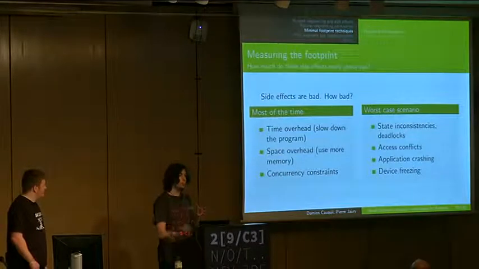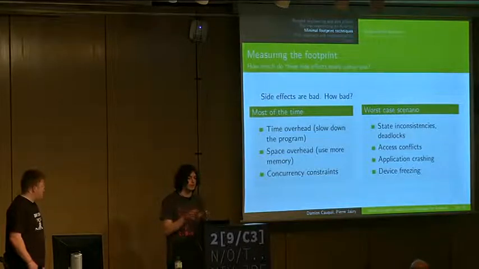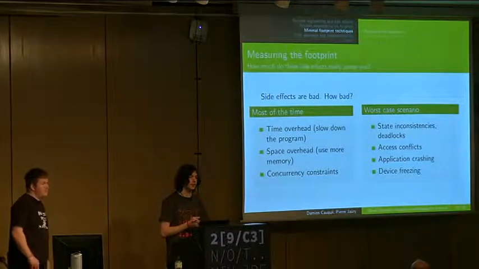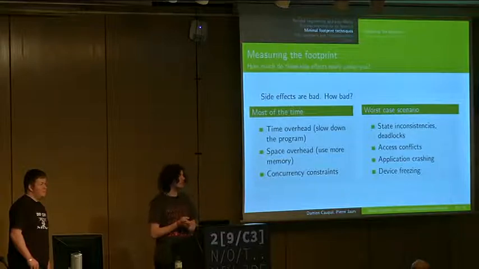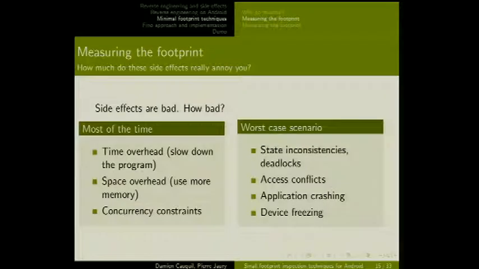And that's why we are going to have a very close look at what is the footprint of a debugging technique. Actually, it's something very non-measurable in terms of software, because the footprint is the amount of hate you have against the side effects. It completely depends on what you are reversing.